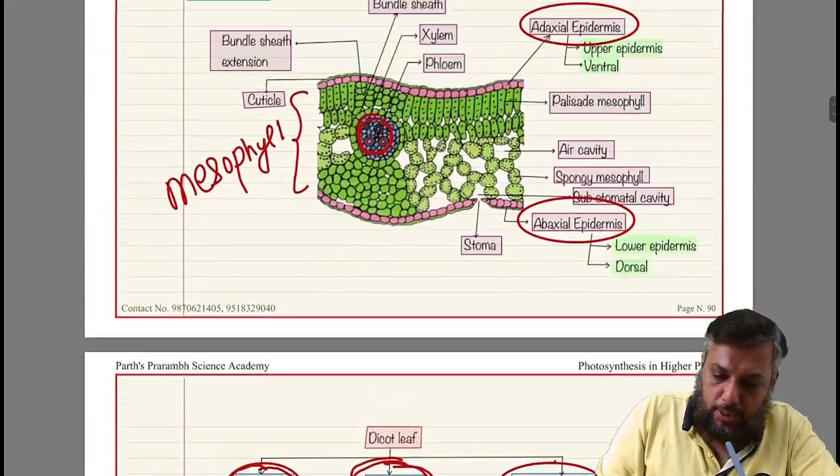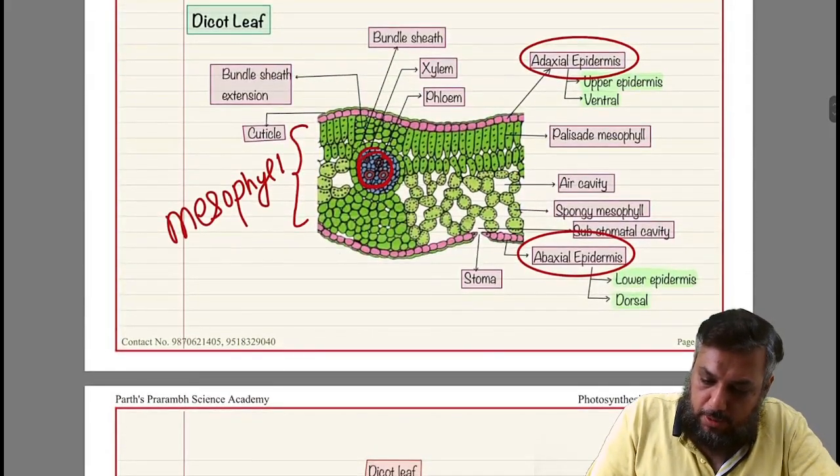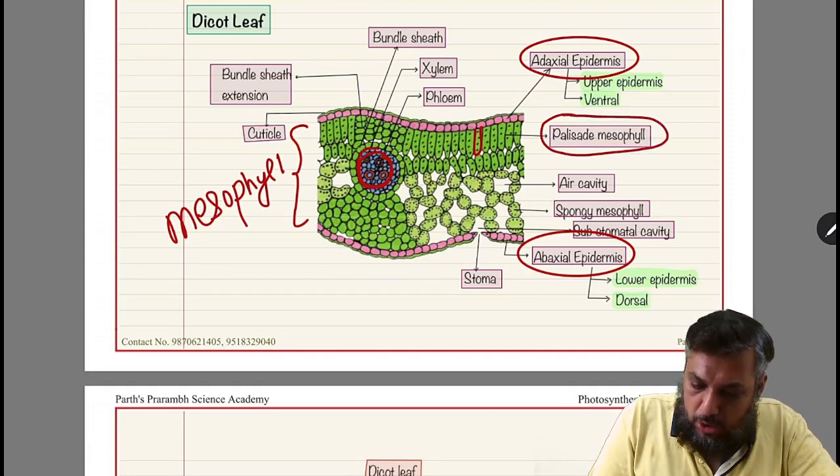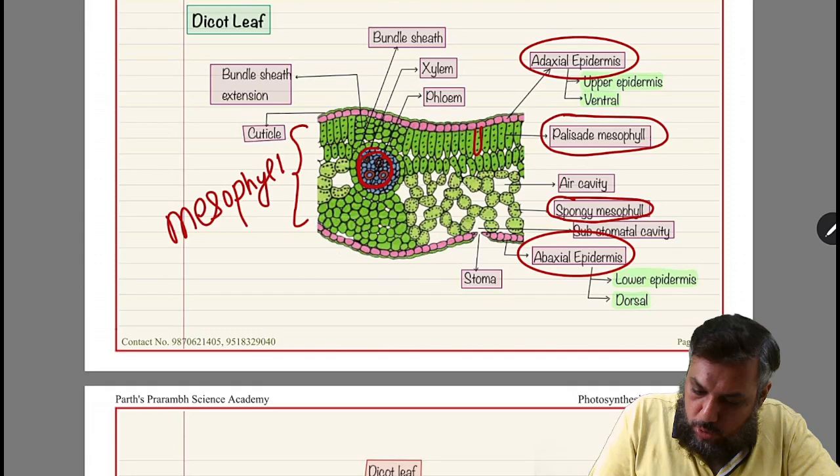If you look at this particular diagram, you will see the presence of these tall column-like cells which form the palisade mesophyll, and these oval-shaped spherical cells which form the spongy mesophyll.